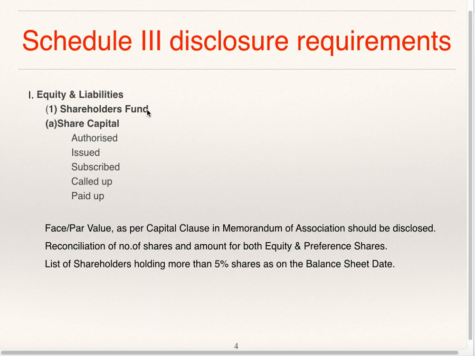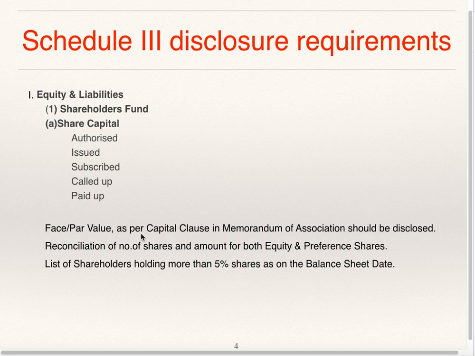Below that, first is shareholders funds. Under shareholders fund, first one is share capital: authorized, issued, subscribed, called up and paid up. You are supposed to give detailed information, that is number of shares as well as value of all these classifications.